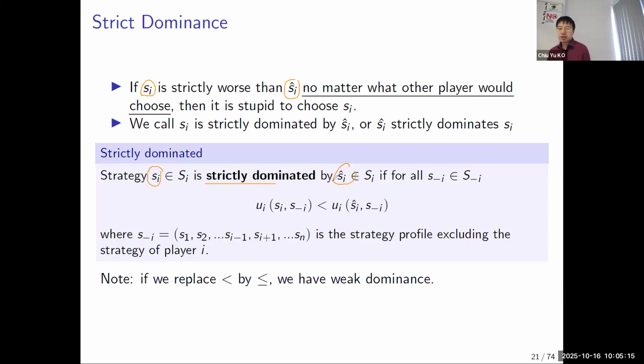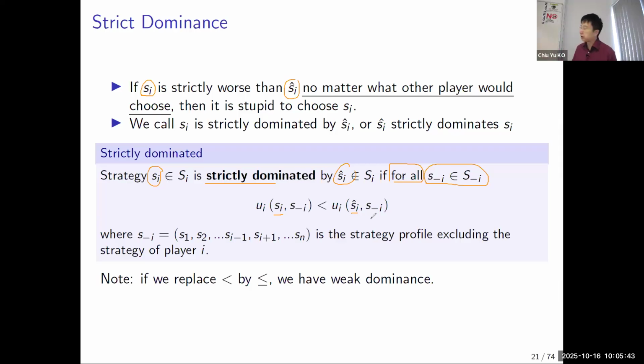another strategy s_i hat, if for all, okay, for every possible thing other people might be doing, it must be the case that the strategy without hat is worse than the strategy with hat. Okay, and that means that there would be no scenario where you would choose the non-hat one, right?